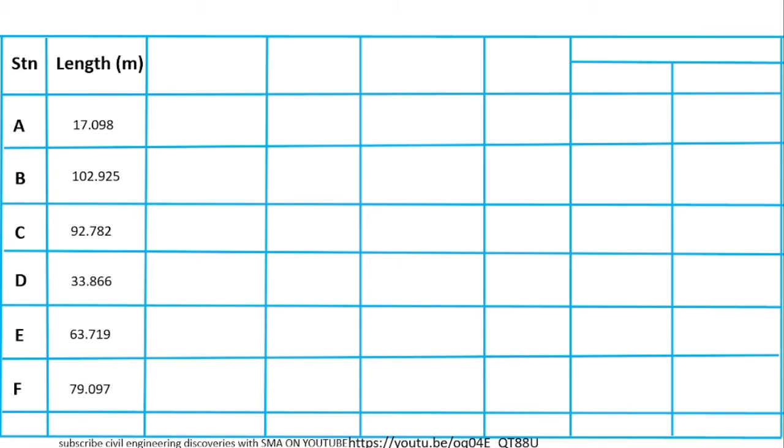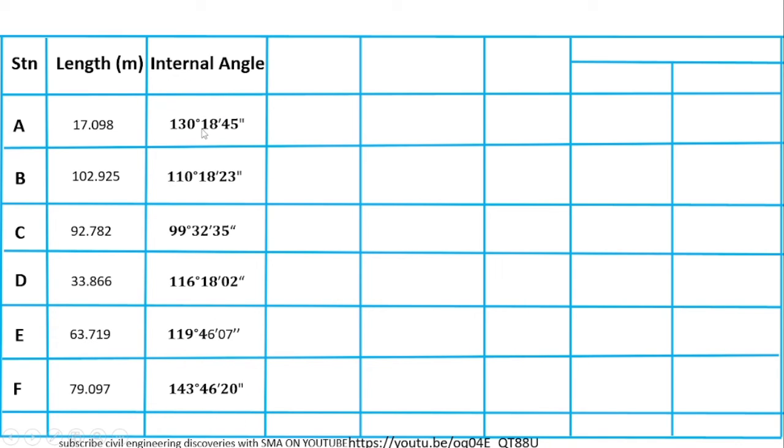Now you will find the departure and latitude. In the first column is the station number, which is A, B, C, D, E and F. The lengths are given, so you will write them for stations A, B, C, D and so on. The internal angles are given above in the question, which we will write in the internal angle column.